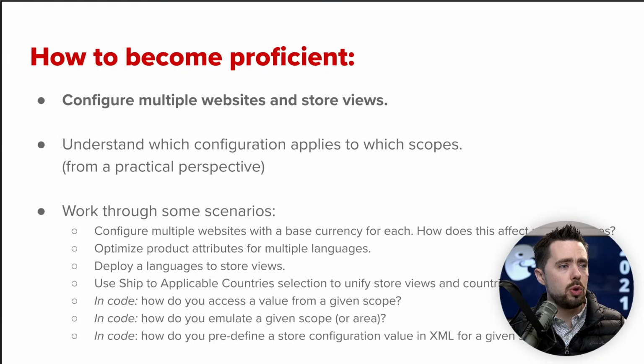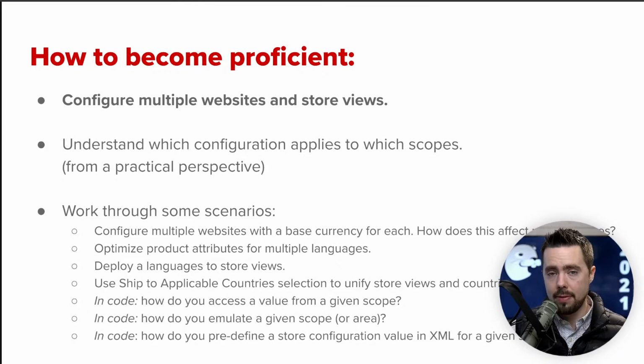All right. Shift to applicable countries to unify store views and countries. So if we want to, this is a difficult topic, but if we want to allow a store view to select which countries they want to be shipped to, this is only applicable when a store view is related to a geographical region, for example, a country.